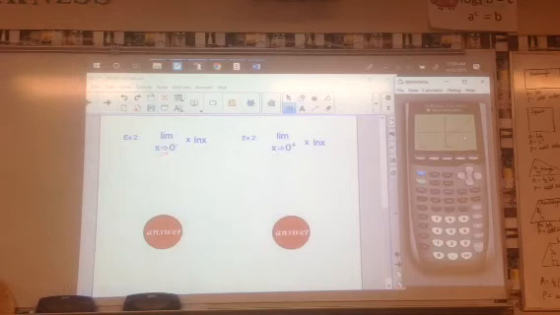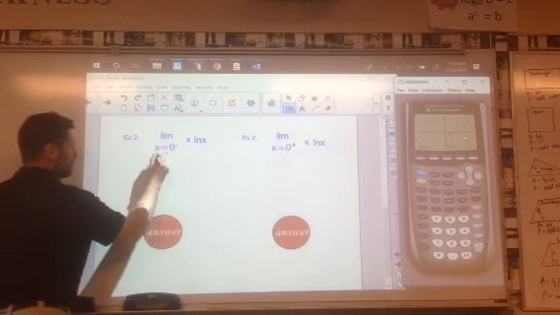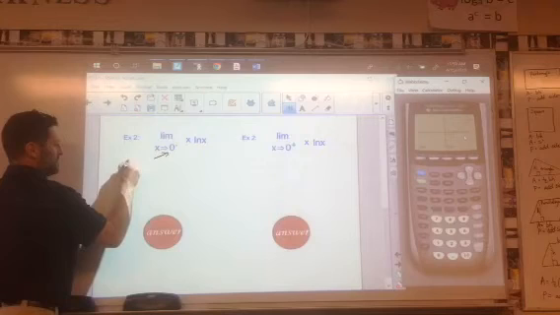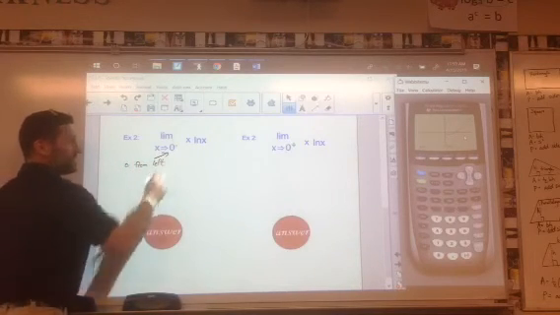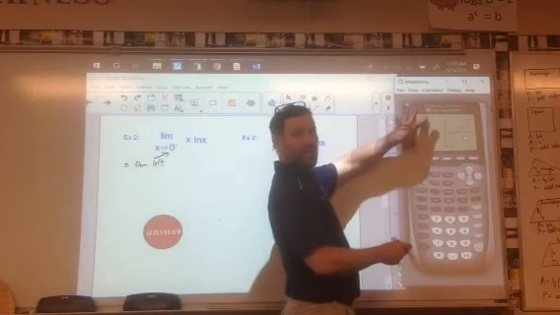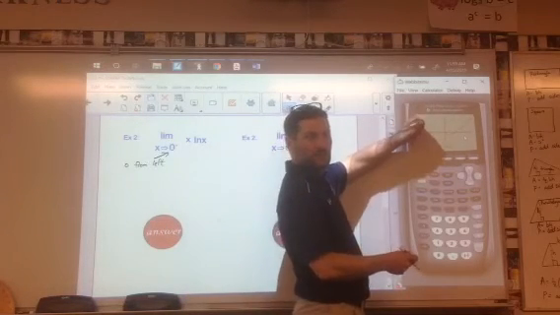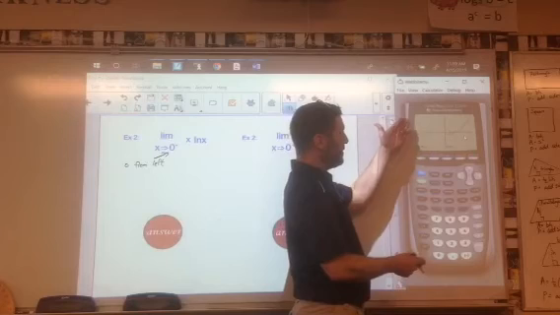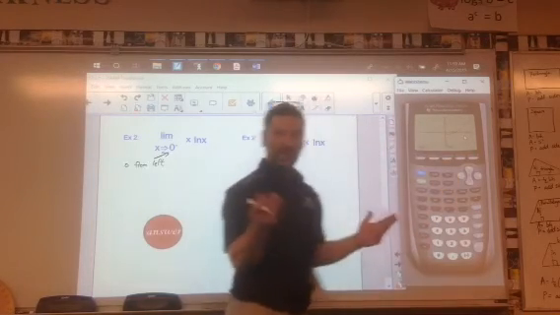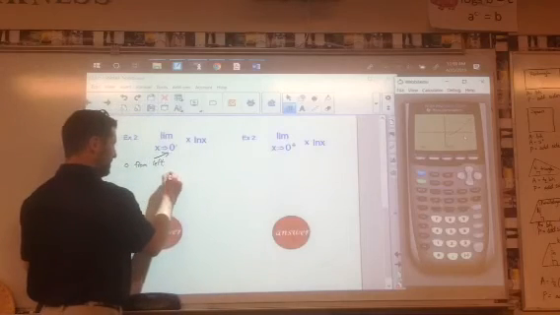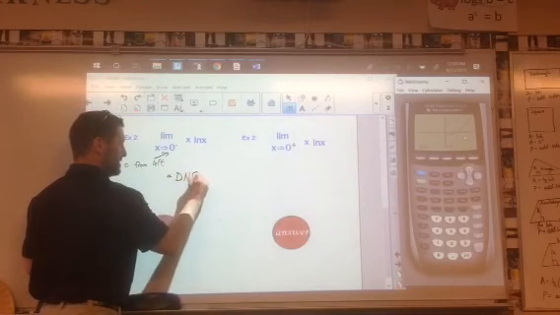Where does my graph exist over here? Nowhere. As I approach 0 from the left, there is no graph. The limit does not exist.